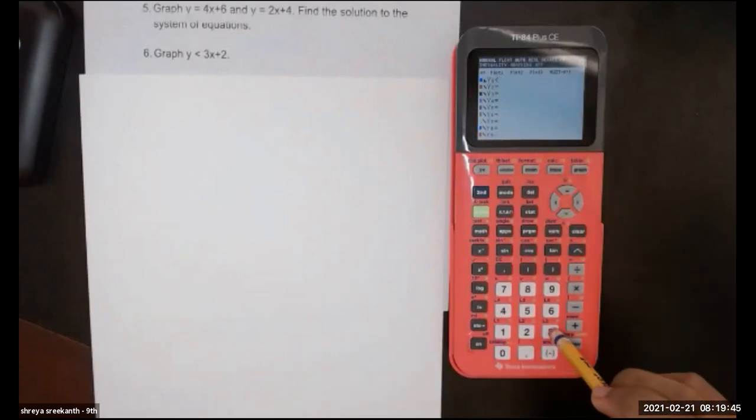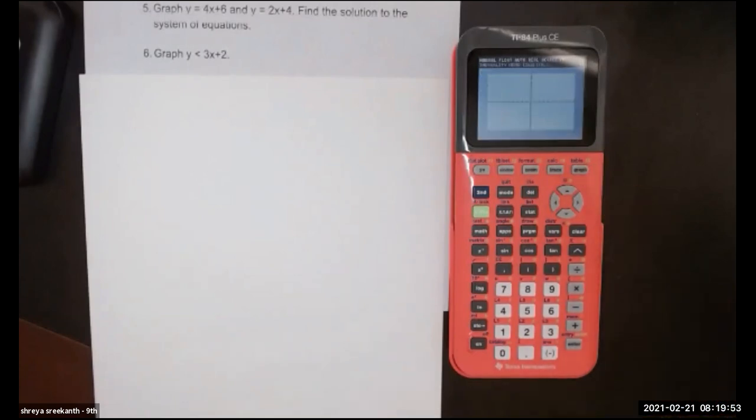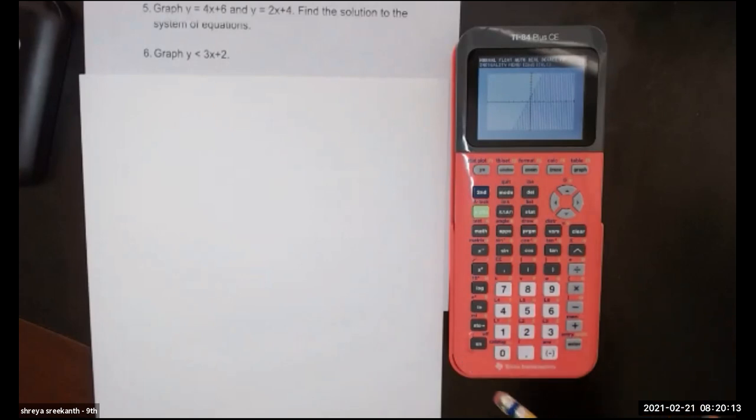We just write the equation 3x plus 2, and then we graph it. This is what it should look like. It's shaded below the line y equals 3x plus 2, and the line itself should be dotted because it's not included in the solution. Did everyone get this?